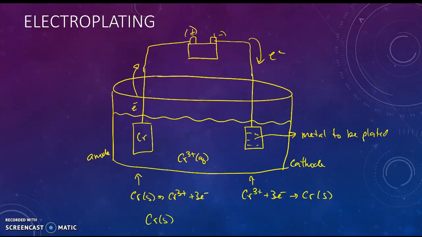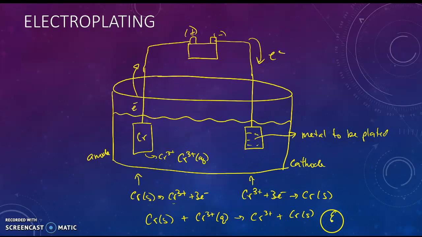So chromium metal plus chromium 3+ ions, these are my reactants, going to chromium 3+ ions on this side, plus chromium metal. Essentially, I'm just transferring atoms of chromium from one side to the other.